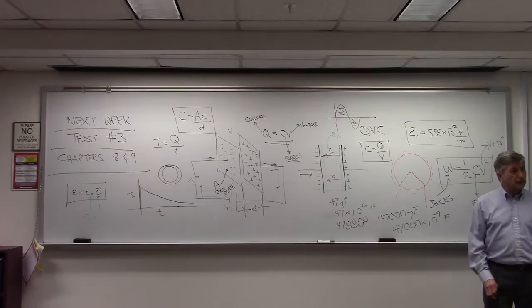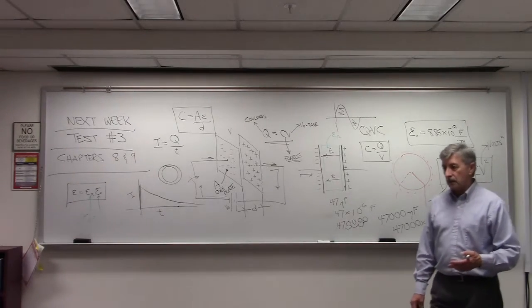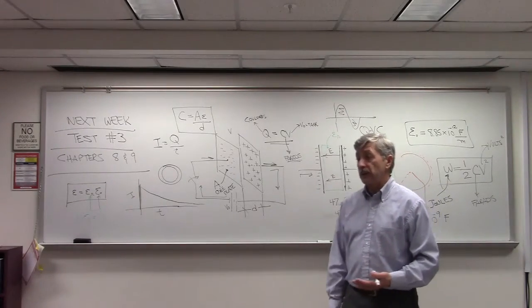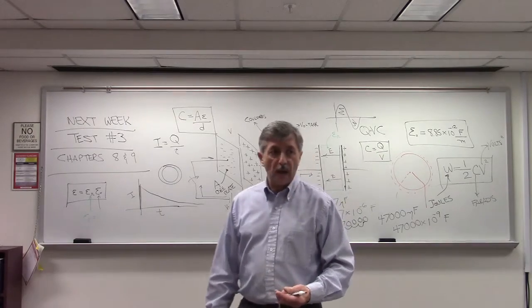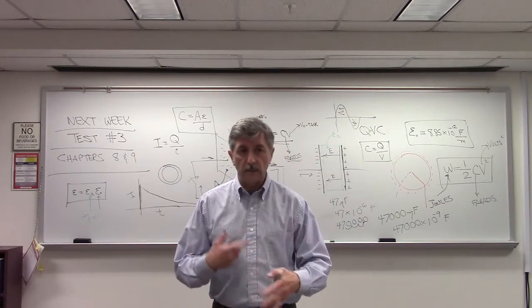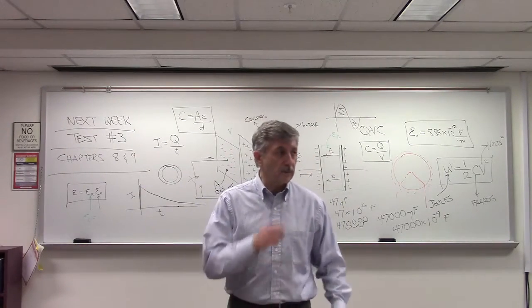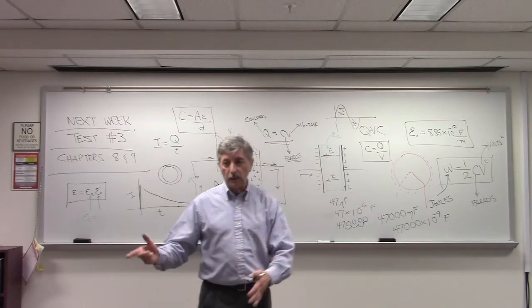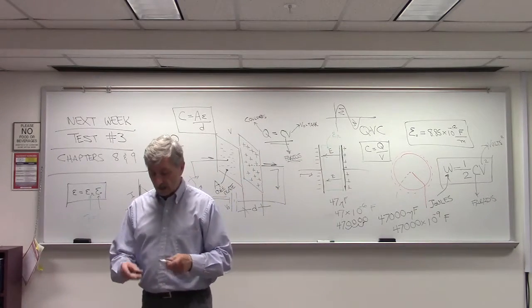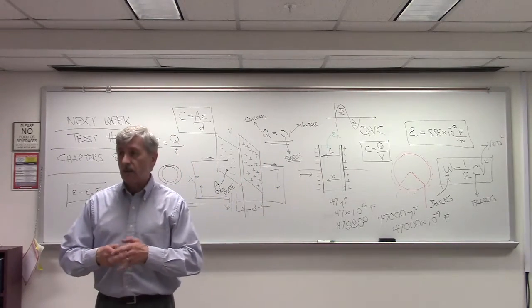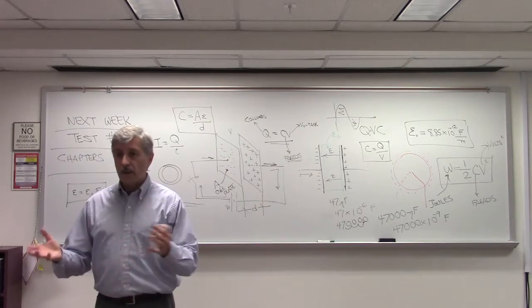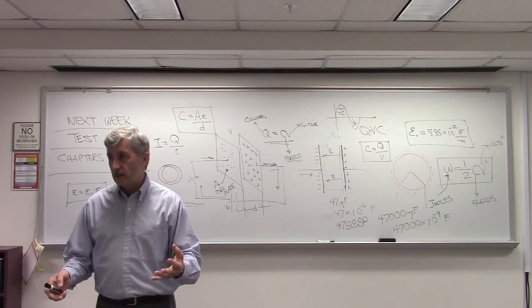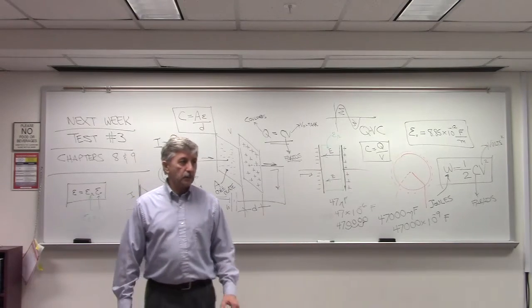So there's actually a couple of pages in the text that have to do with expressing the value of a capacitor in different ways, from micro to nano, nano to pico, milli to micro, that kind of stuff. And like I said, if you know scientific notation and you know the prefixes, it's pretty straightforward.